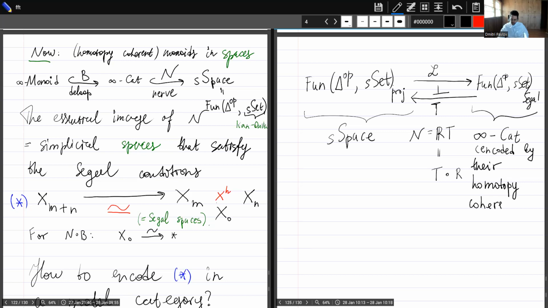So you should not be too surprised that if you encode an infinity category by its homotopy coherent nerve, then the nerve functor is going to look basically trivial, other than the fibrant replacement. This is a fibrant replacement, but otherwise it's just the identity functor. And that's just a feature of the encoding you chose here.